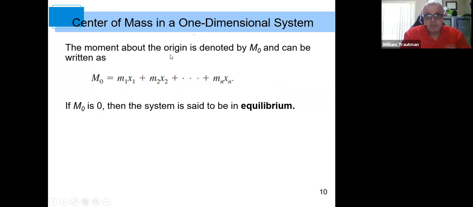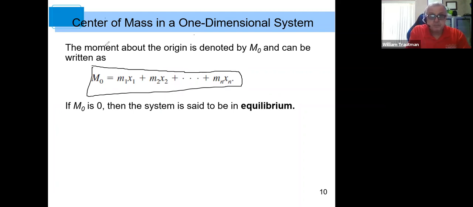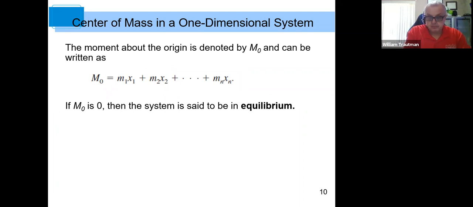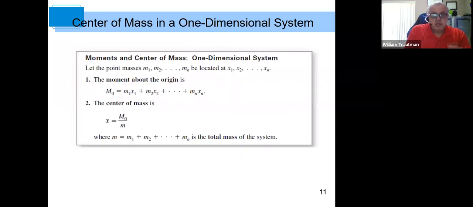So this is definitely one of the formulas I would write down. And we have it here.